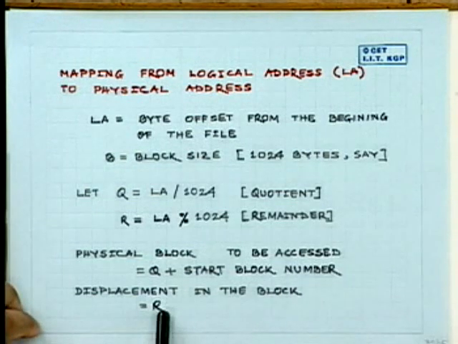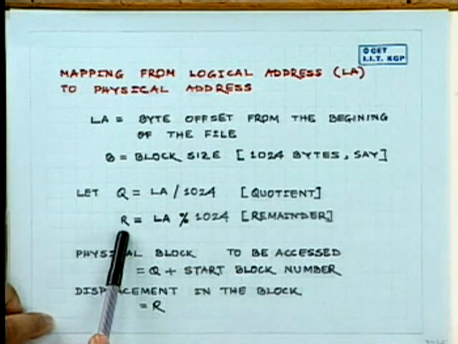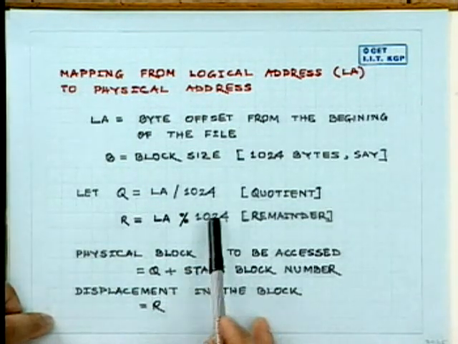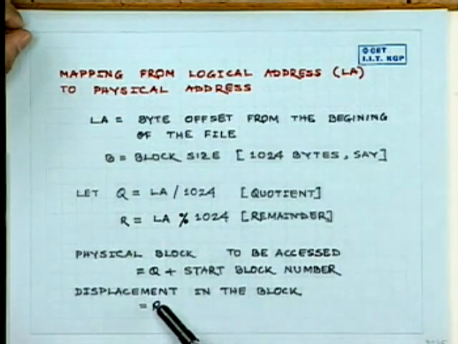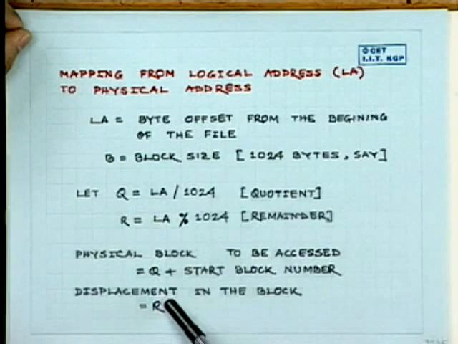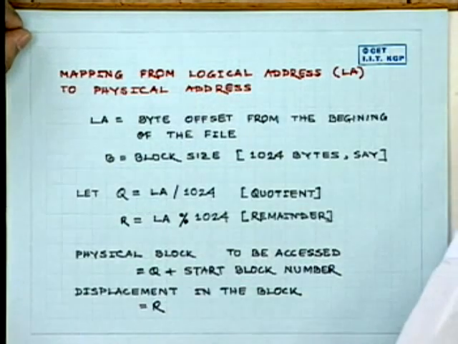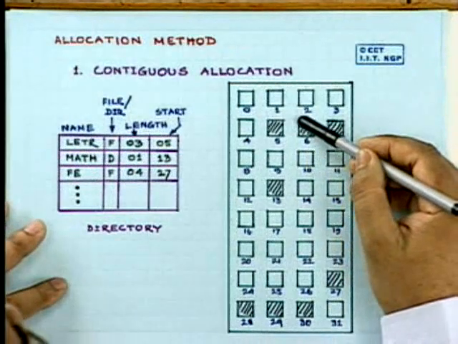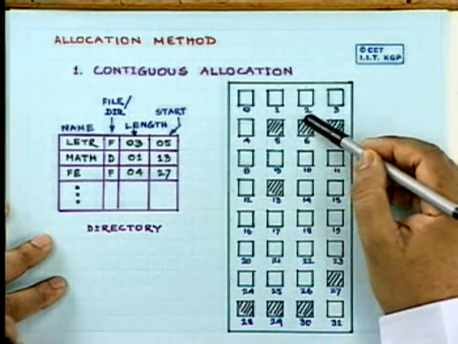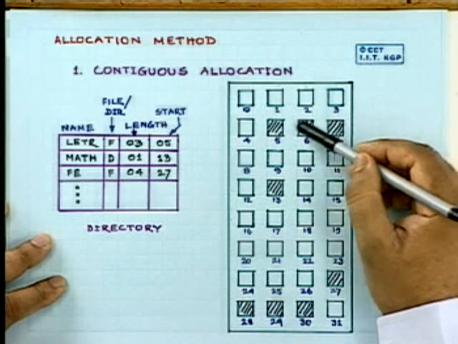And the particular logical record will be at a displacement of R, which is the remainder when you take the modulo operation. That displacement within that particular physical block will be R, which means if the displacement is 10, then it will be the 10th byte from the beginning of this physical block.